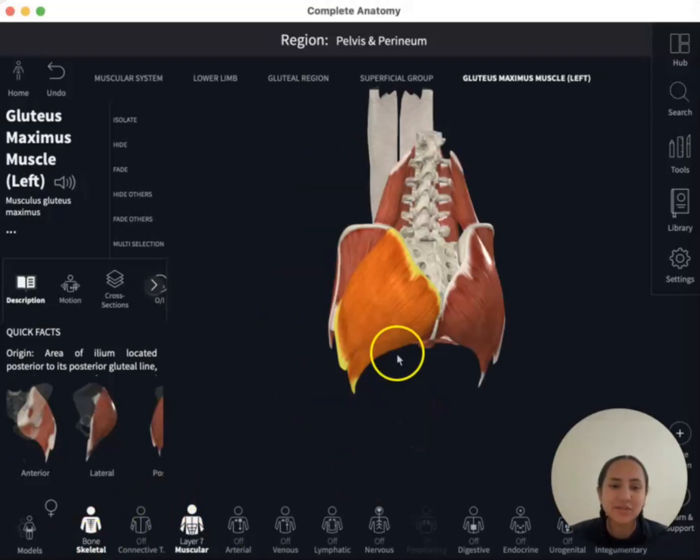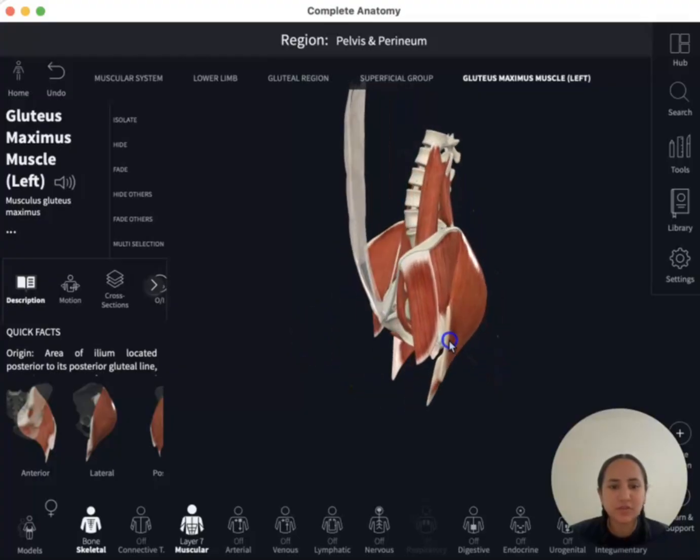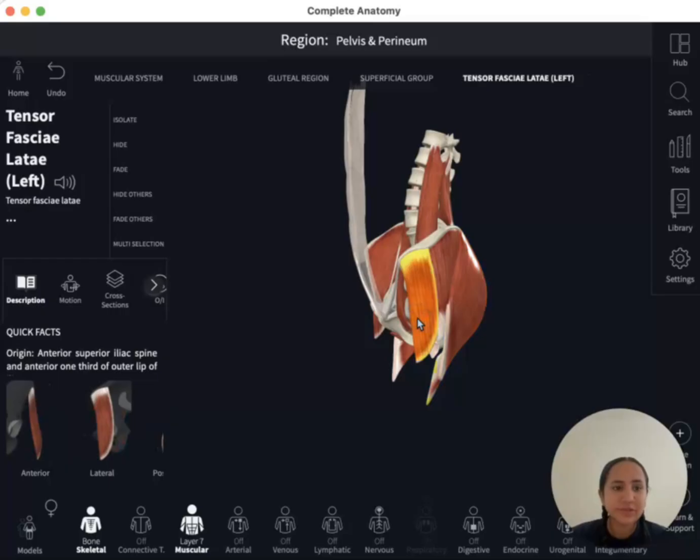Okay, and then the second muscle of the 7th layer that we're going to go over is over here. Maneuver it this way. So this one is the tensor fascia muscle of the left side. The origin for this is the anterior superior iliac spine, and then the anterior outer iliac crest.